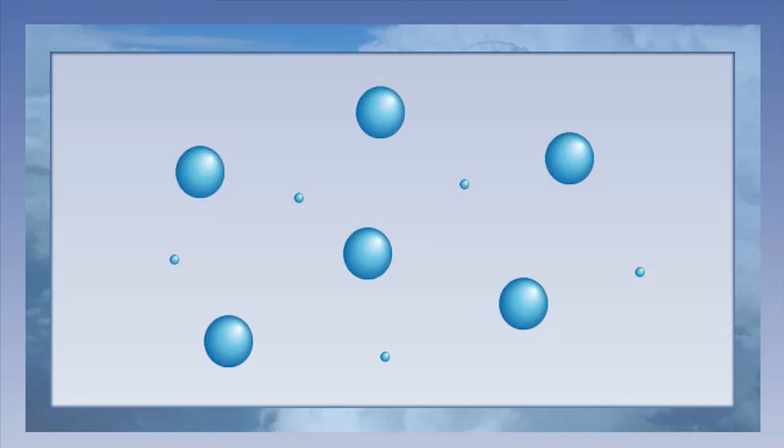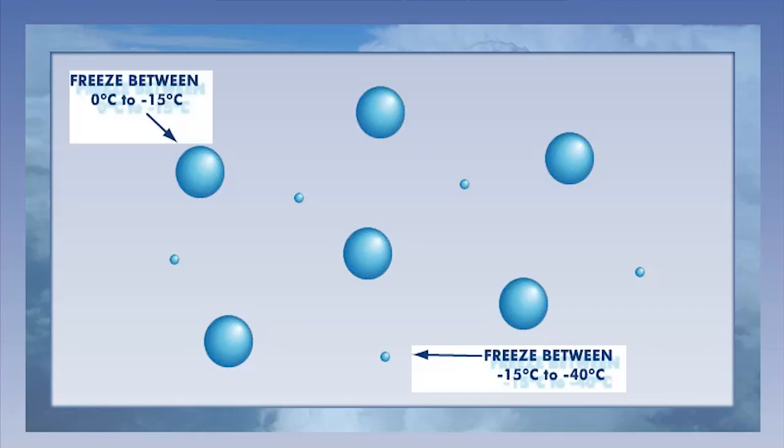The spontaneous freezing of supercooled water droplets requires a lower temperature as the droplet size decreases. In other words, smaller droplets freeze at lower temperatures than larger ones. This is simply because larger droplets are more likely to contain freezing nuclei than smaller droplets, and will therefore freeze more easily.